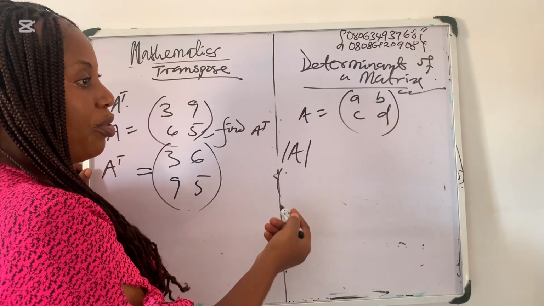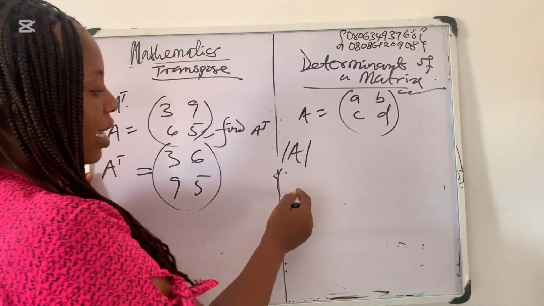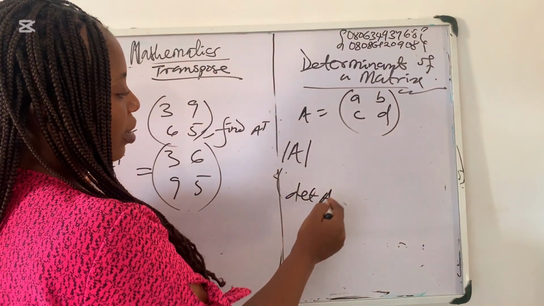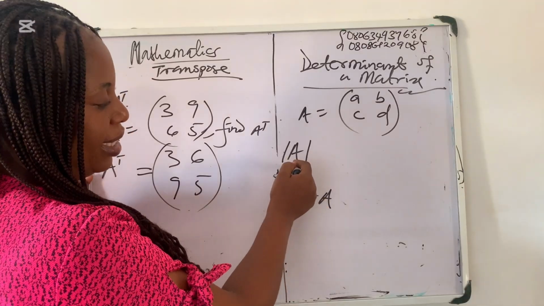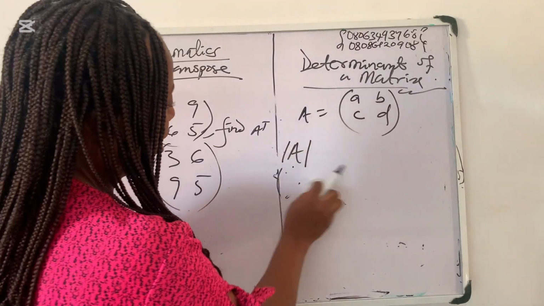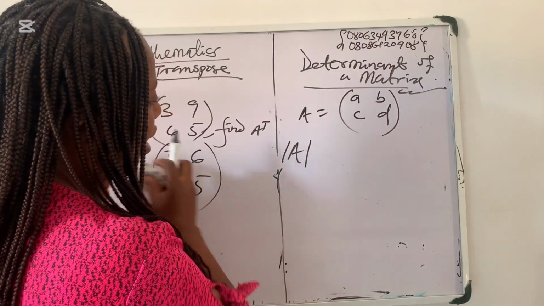In some books, you may come across the vertical bars notation. It means the same thing as this, but I prefer to use the absolute value bars.